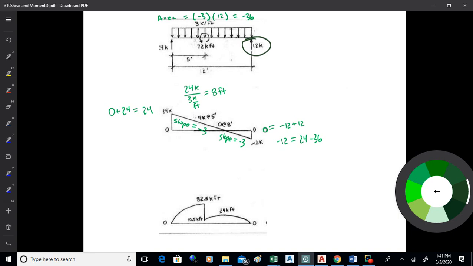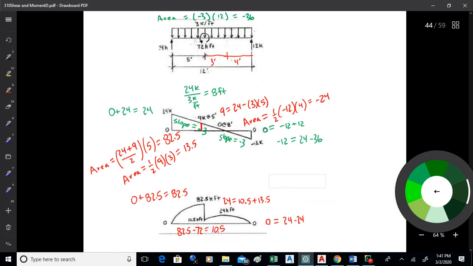All right, now the slope of that line is negative 3 because that's the value of the distributed load. Okay. All right, now what I got to do here next is find areas. All right, let's do that next.